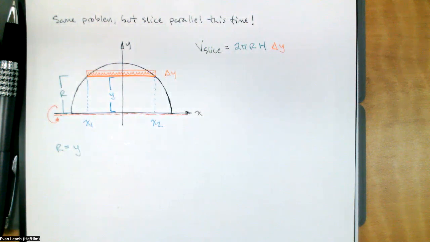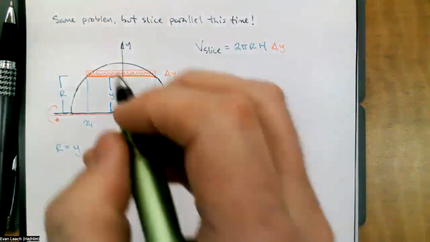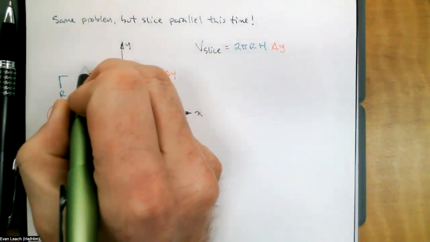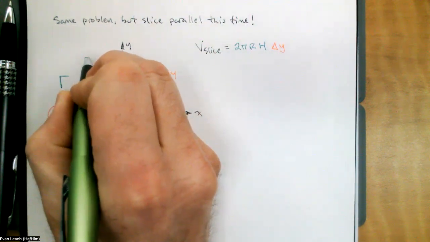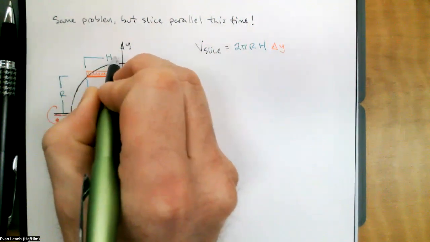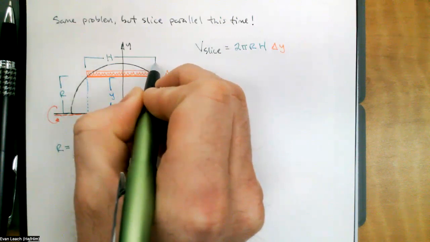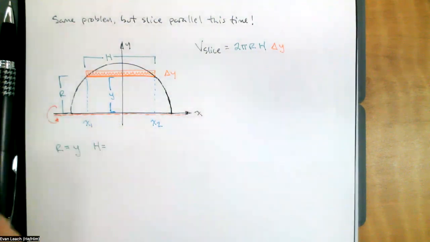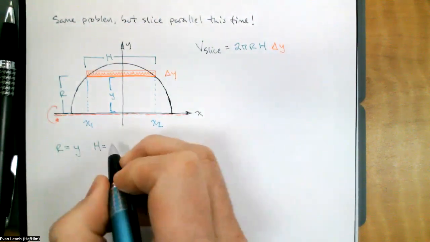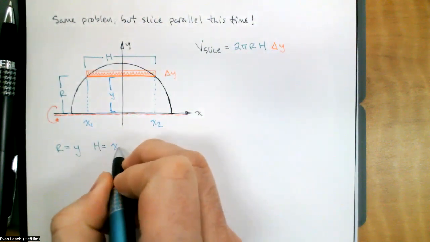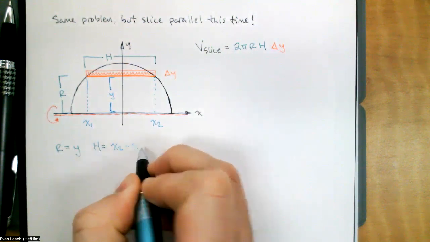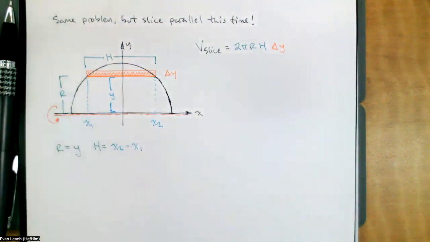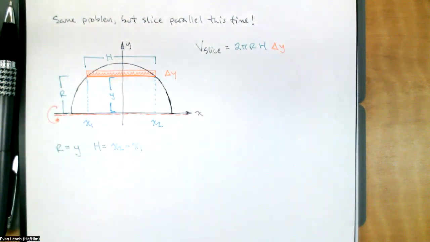Our height for cylindrical shells is always going to be perpendicular to the radius. So our height is the difference in the x values, x2 minus x1. This is no good.